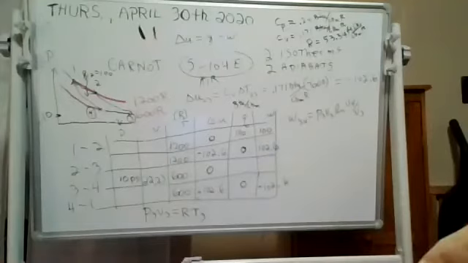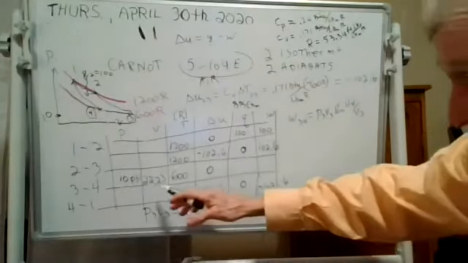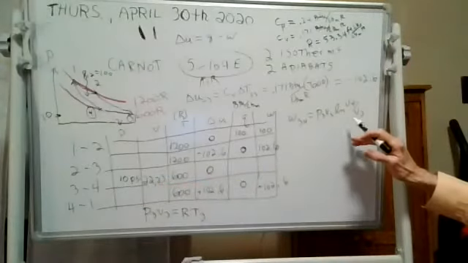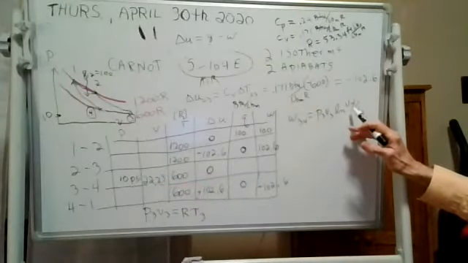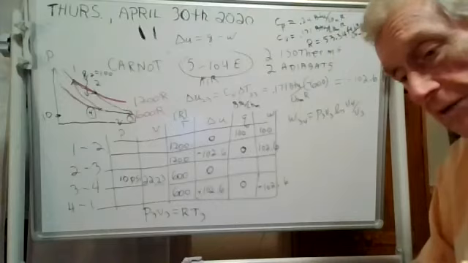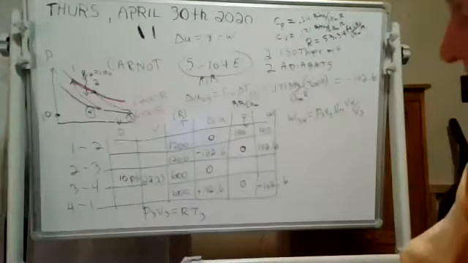Now, do we know P3 and V3? Yes, we do. Do we know V4? Uh-oh, we don't know that. Can't do that one. We don't know everything.